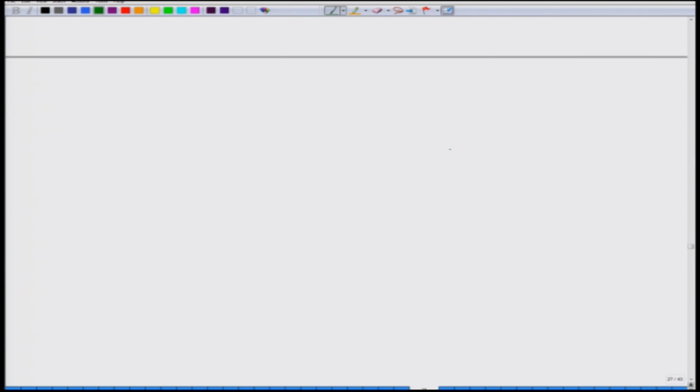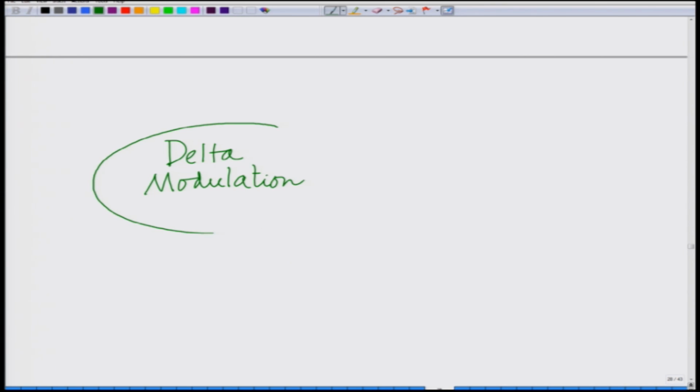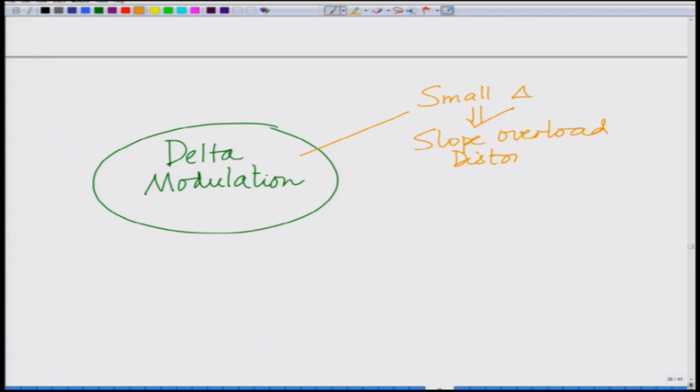Let me just summarize this. When we have a small delta and the signal is rising or falling rapidly, that implies we have slope overload distortion.